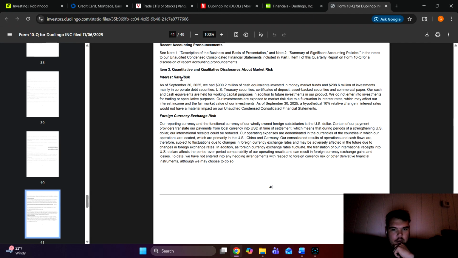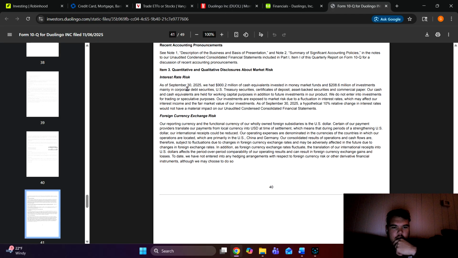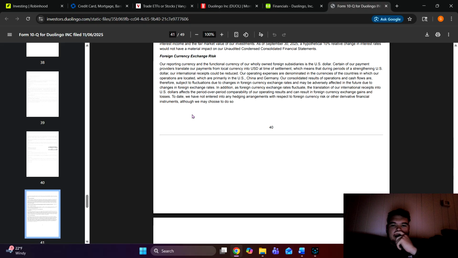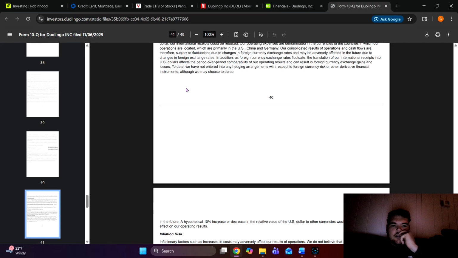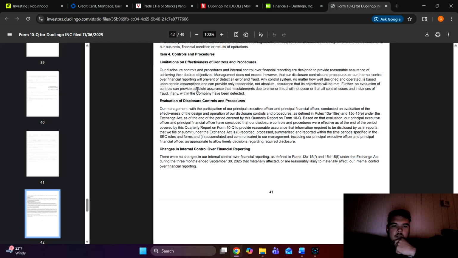Okay, here we go. They did have a lot of safer investments, so the interest rate being cut will deteriorate their gains there, but that's not that big of a deal. Foreign currency exchange risk, yeah. Inflation risk, I don't think inflation is really going to be that big of a deal. Limitations of financial control.